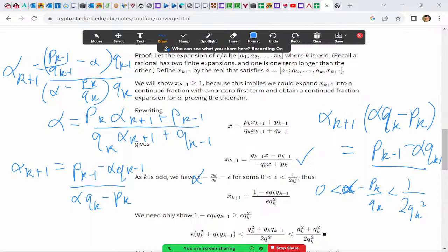So the bottom is actually just epsilon q_k.